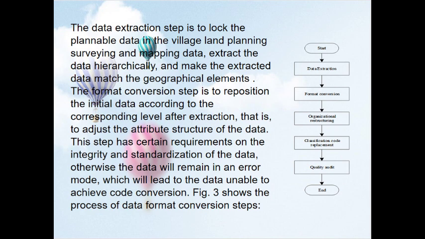The data extraction step is to log the plannable data in the village land planning surveying and mapping data, extract the data hierarchically, and make the extracted data match the geographical elements.